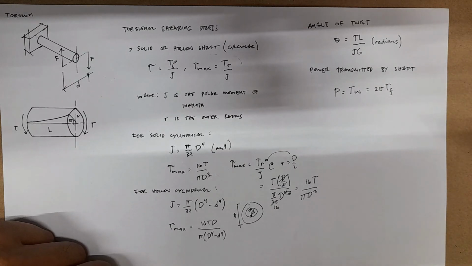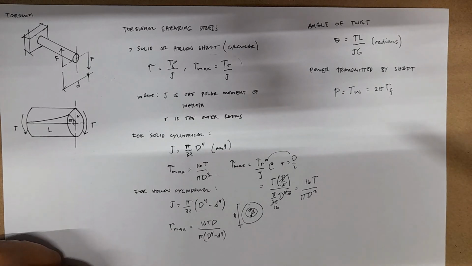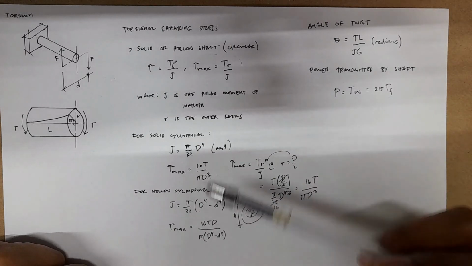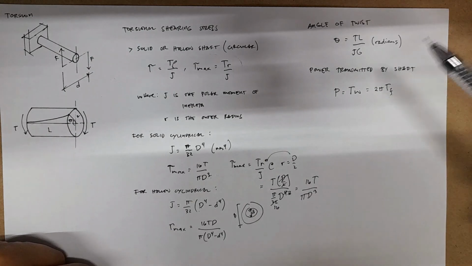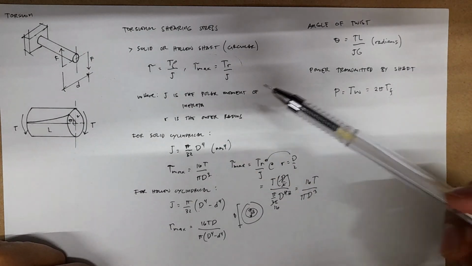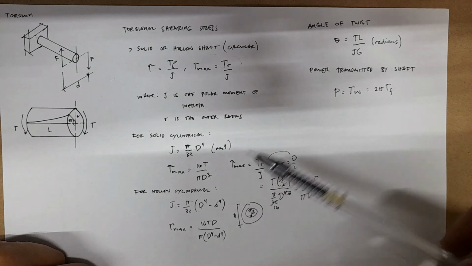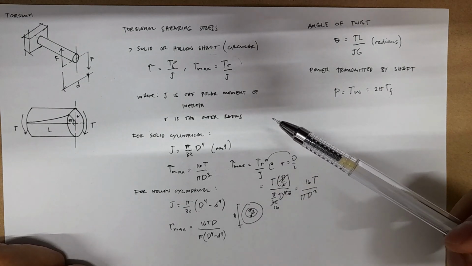If you're familiar with shafts, sometimes it's one way of transmitting power, especially in mechanical engineering applications, where they're used to these types of concepts. So that's it for the introduction to torsional shearing stress or torsion.